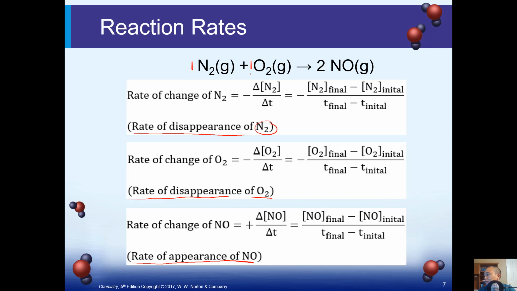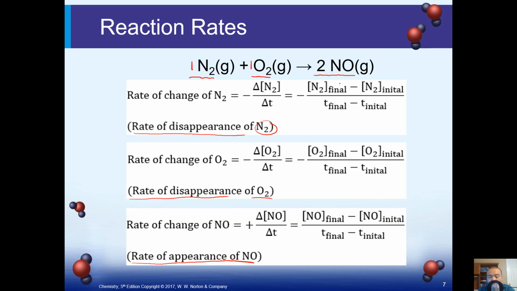For example, for every molecule of nitrogen or oxygen being consumed, twice as much nitrogen monoxide will be produced. So the rate of change for nitrogen oxide will be twice as big as that of the nitrogen or oxygen.